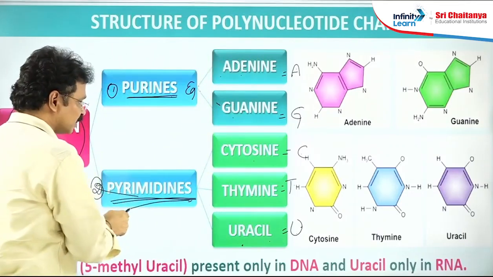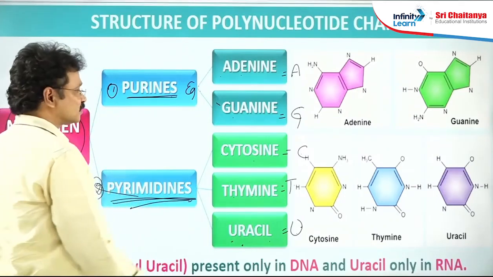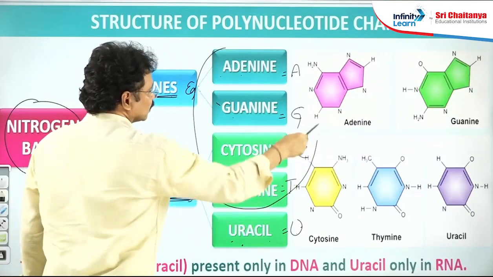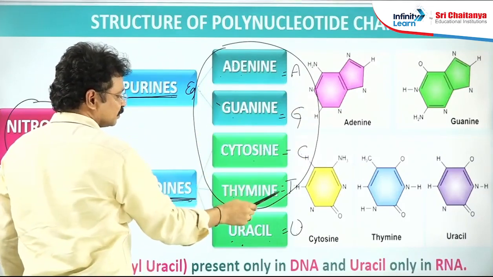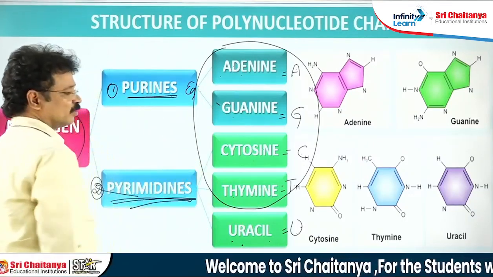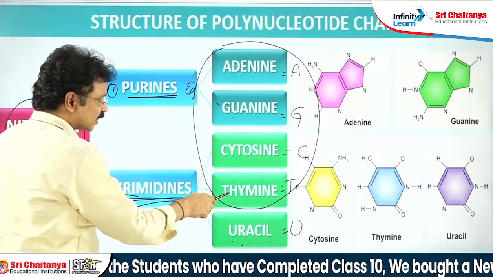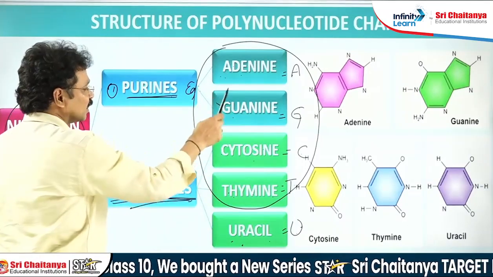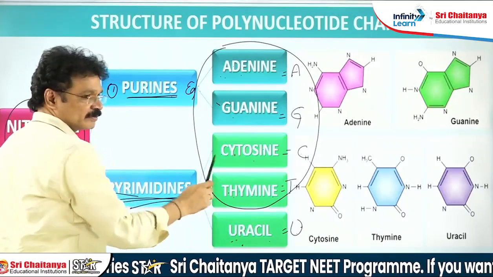In case of pyrimidines, just C and T are present, U absent in DNA. So the nitrogen bases found in DNA are A plus G and C plus T. Whereas in RNA, except thymine, remaining all are present. In RNA, adenine, guanine, cytosine and uracil are present instead of thymine.